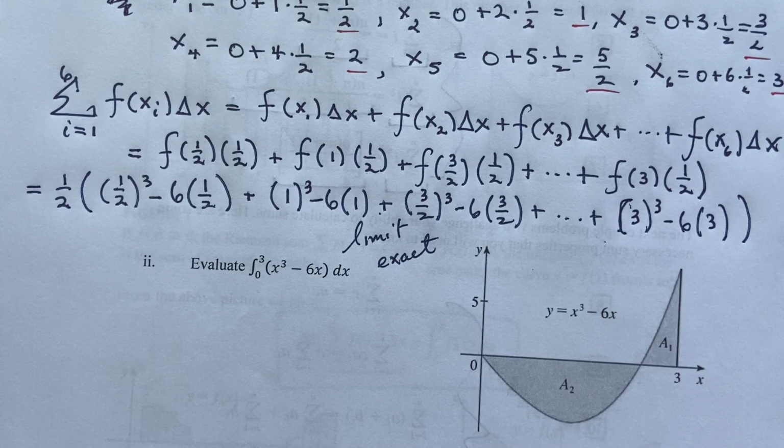Okay. So I'll have 1/2 out front times 25 cubed plus plus 27 plus almost there.